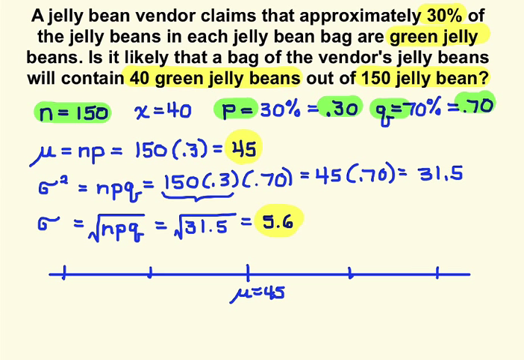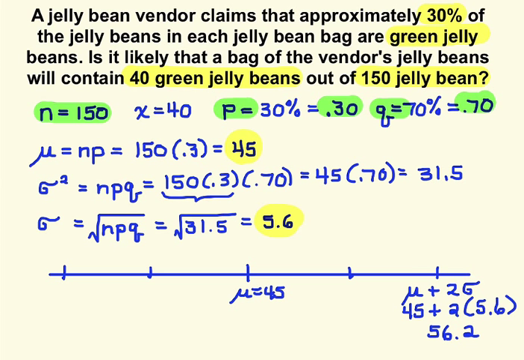Well, here I want to find my mean plus 2 times my standard deviation. That's going to be 45 plus 2 times 5.6. I'll put this into my calculator: 5.6 times 2, and I'm going to add that to 45, and I get a high. My range can go up to 56.2.